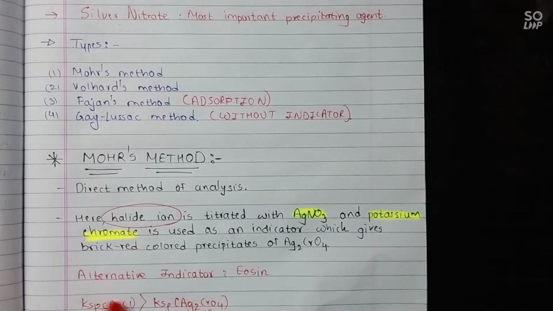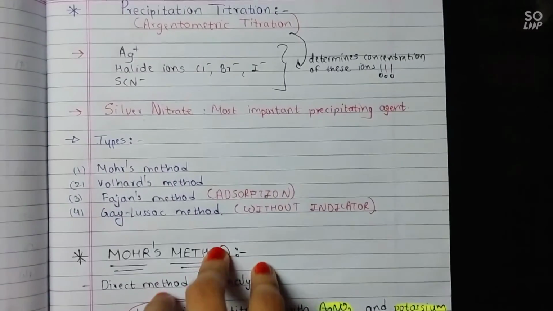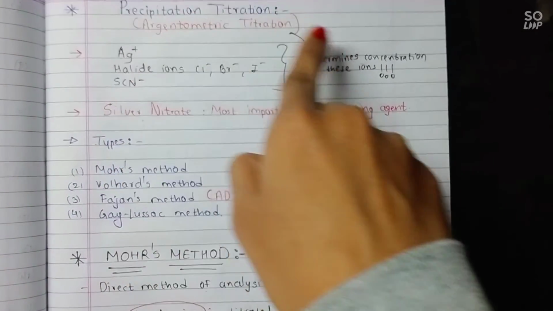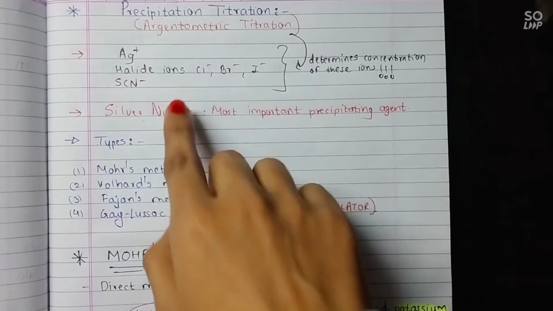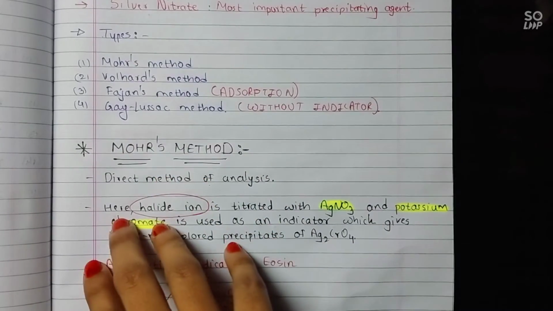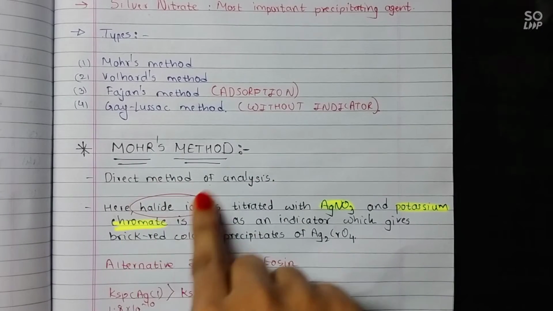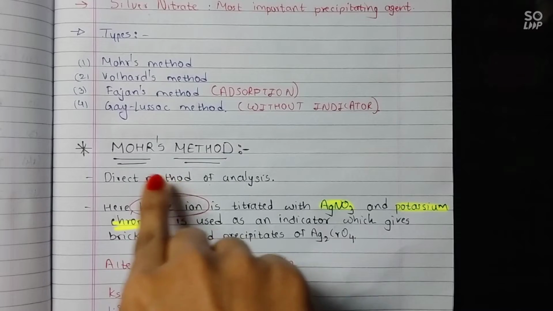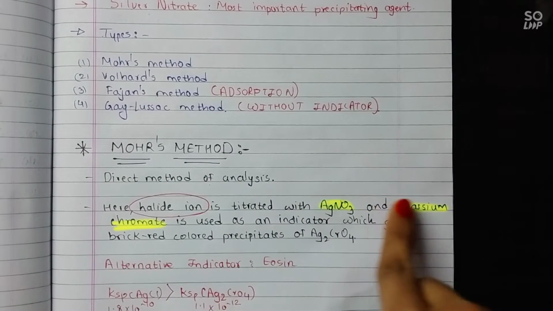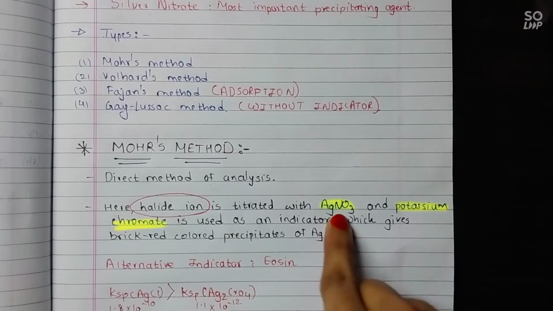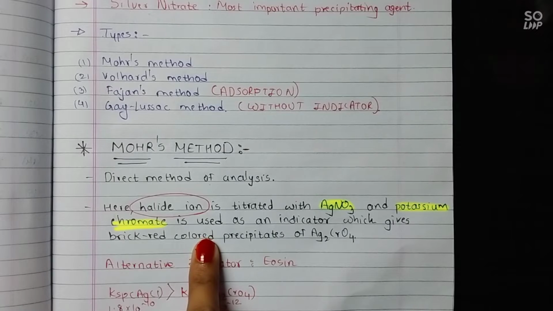What is the principle? As we have already discussed, this precipitation titration determines the concentration of halide ions and monovalent ions basically. Here the halide ion, whose concentration we need to determine, will be titrated with silver nitrate, and potassium chromate is used as an indicator. What is used as an indicator in Mohr's method?